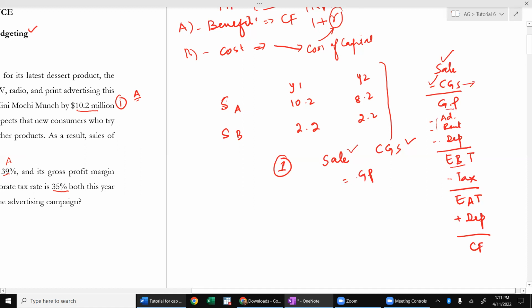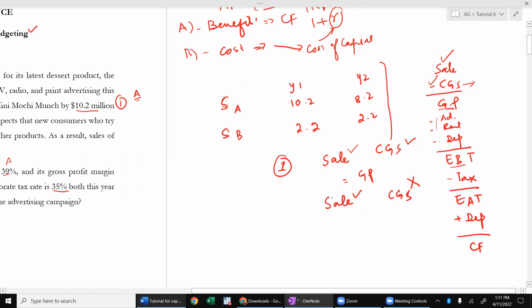Gross profit. But sometimes the question gives you sales, this information is given, but CGS information is not given. Then what information would you expect from the question? Because we need to calculate the GP.